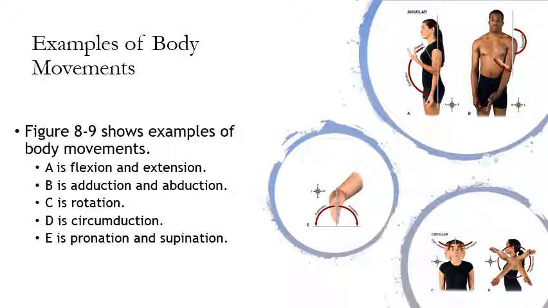So pronation means that you're rotating the hand so that the palms are facing downward. So your anatomical position is where your palms are facing what way? They're facing up.